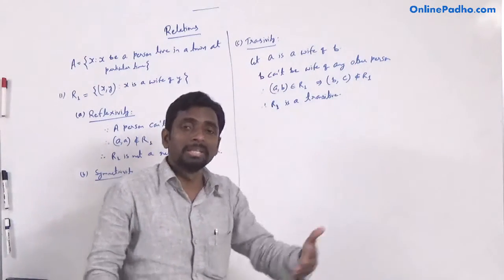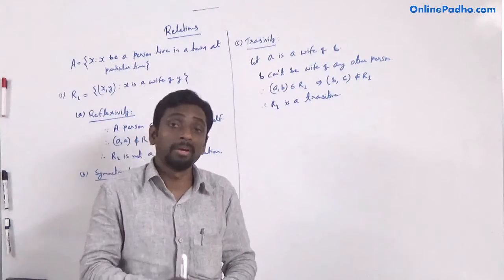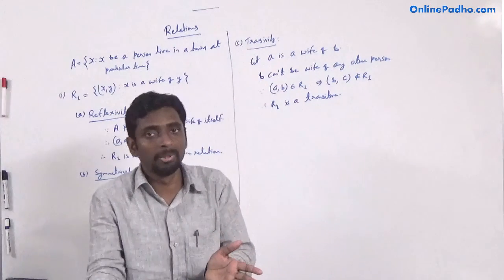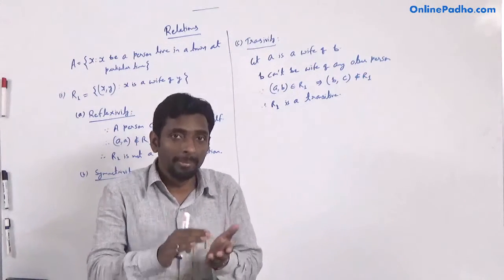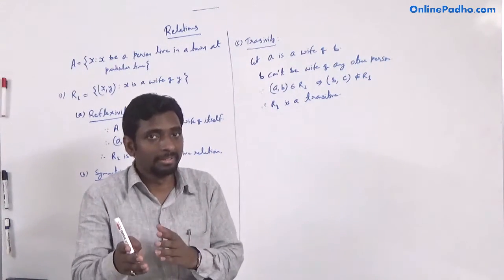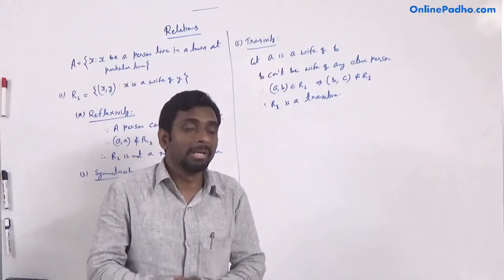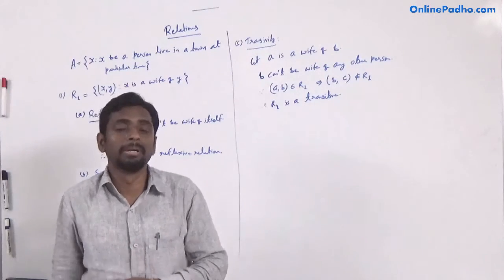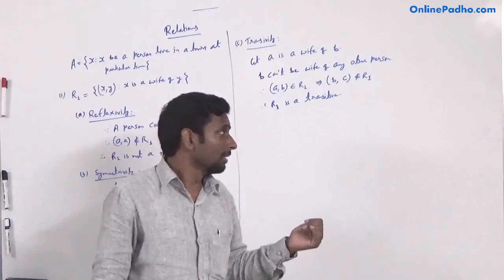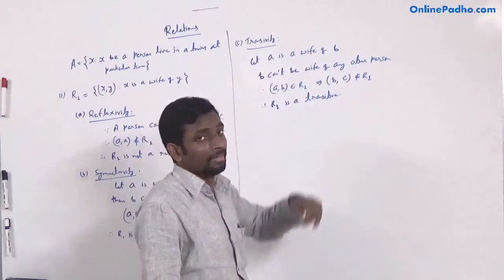So we cannot consider (A, B) and (B, C) both belonging to R1, so no need to check (A, C). If we could consider (A, B) and (B, C), then we would have to check (A, C). But if (A, B) belongs to R, and we cannot take B with some other element, then that relation is also transitive. So R1 is a transitive relation.